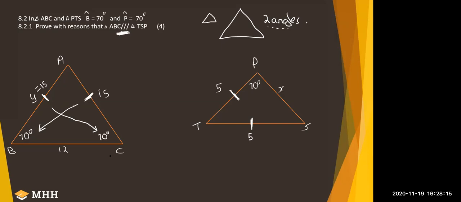So this one will be 70 degrees. Let's analyze this triangle. This angle is opposite this 5. Therefore, this angle will also be equal to 70 degrees.